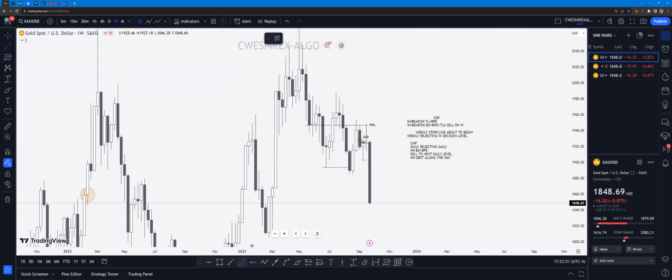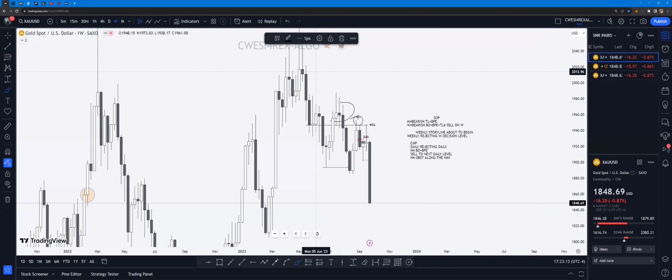So that's one way to determine direction. Breakouts are very, very important. Then we start looking for our entry levels.